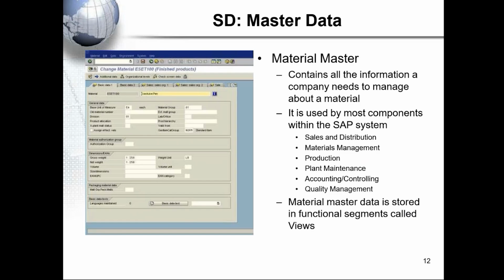Sales and distribution is all about sales. Material management is about purchasing, production for manufacturing, plant maintenance for internal maintenance, accounting related to inventory, accounts, costing, and quality management for quality assurance.